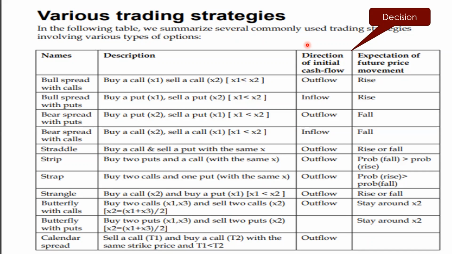Bull spread strategy means at least for one month there will be a rise in the price. So Pranit will inform Sneha, don't worry, we will create a bull spread strategy for your call option since the investment is moving out but the prices are increasing. During this time, we can go for the bull spread strategy.